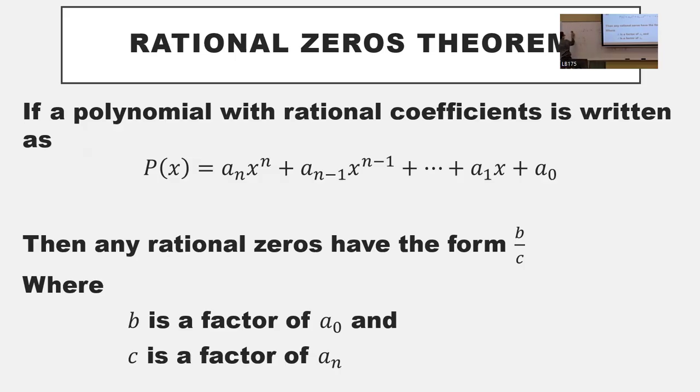What the Rational Zeros Theorem says is that any rational zeros are going to have the form b over c, where b is a factor of my constant, and c is a factor of the coefficient of the leading term. That makes sense?